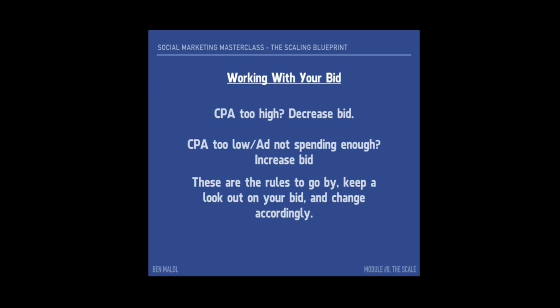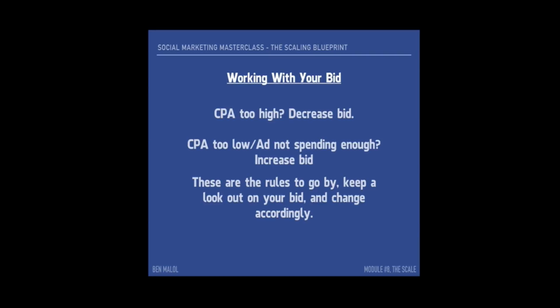And that's not always the case. If your bid is really, really low, and it's literally spending like a $10, $20, $30 budget, and suddenly you see that the CPA is a lot more than the bid, it's because you're not giving enough room for Facebook to work. That's why I really recommend to start from top to bottom.